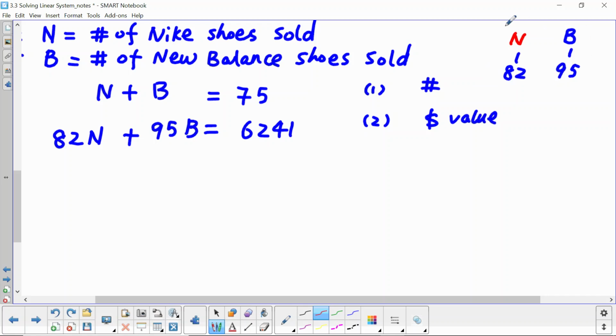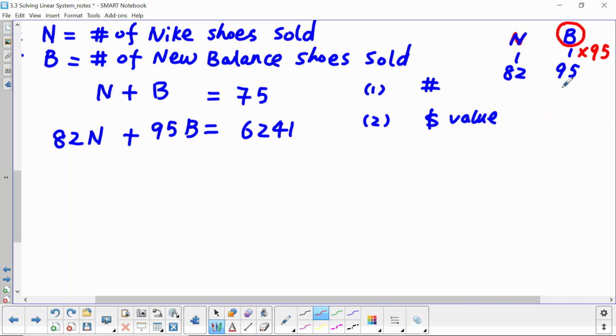You could pick one of them. We want to eliminate B. This time we want to eliminate B. Then we want to change these two numbers to be the same by timesing both numbers or just one number. For 95, it will be easier to just times 1 by 95.